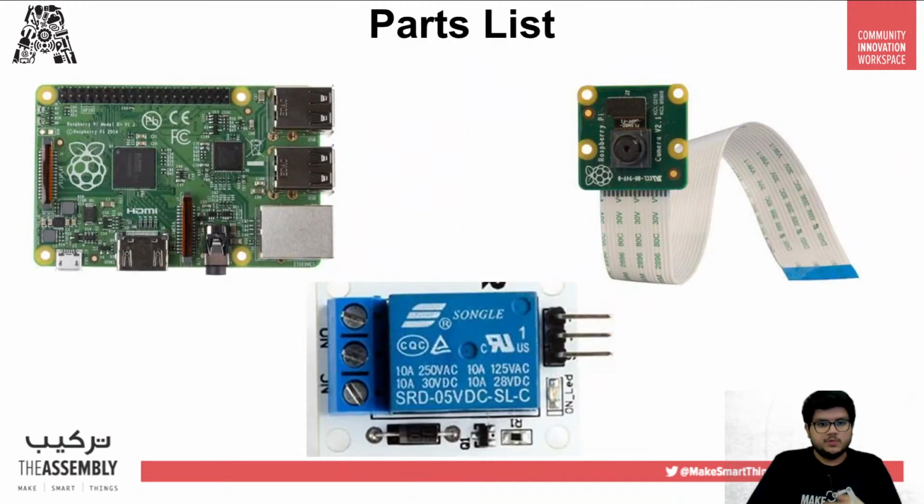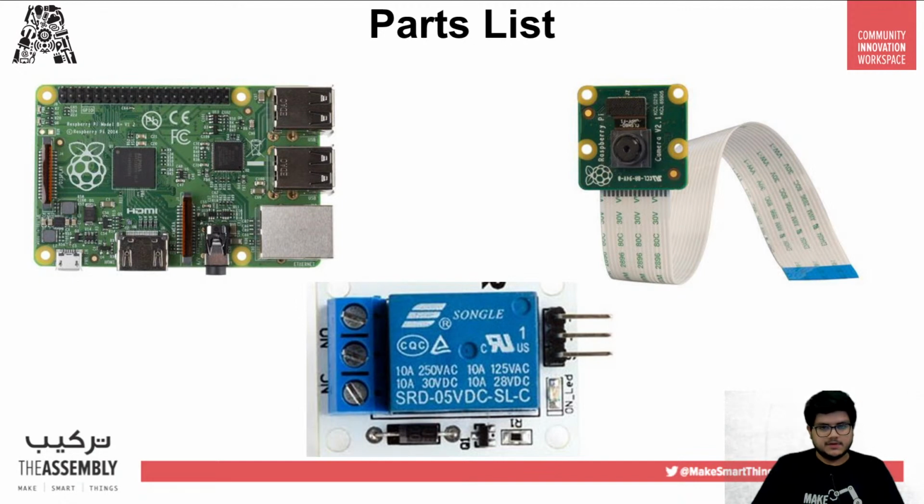So what do we need for this workshop? The parts list is simple. We need a Raspberry Pi, of course, then we need a Raspberry Pi camera module and a relay. Now the Raspberry Pi camera module and the relay are optional. You don't need to have them, but in this workshop we'll be using them, so it's up to you if you want to have them or not.